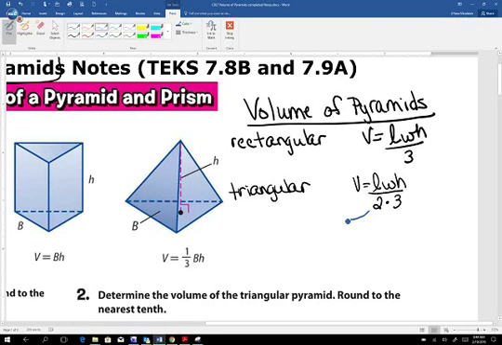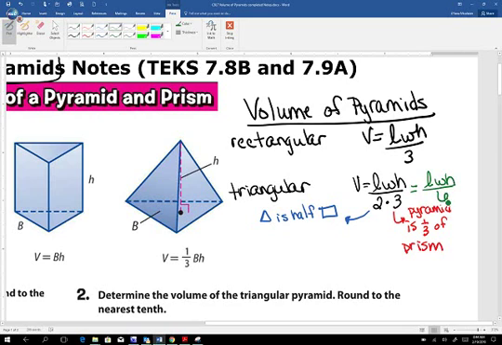We'll go ahead and note that we divide by the 2 because a triangle is half a rectangle, and we divide by 3 because a pyramid is 1/3 of a prism. So then I could actually rewrite the formula so that it is the length times width times height divided by 6.